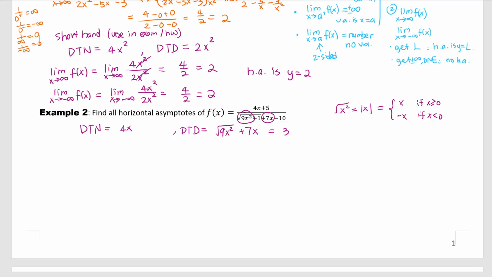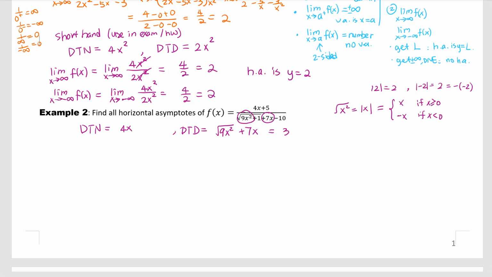If you think this is quite abstract, you don't quite get it, let's do some numbers. Okay, what's absolute value of 2? Well, 2, right? What's absolute value of minus 2? Well, 2, right? Absolute value is always positive number. But what is 2? 2 is like negative of negative 2. So because negative 2 is negative, you have to put a minus sign in front of it to make it positive. That's why you have minus x. Okay?